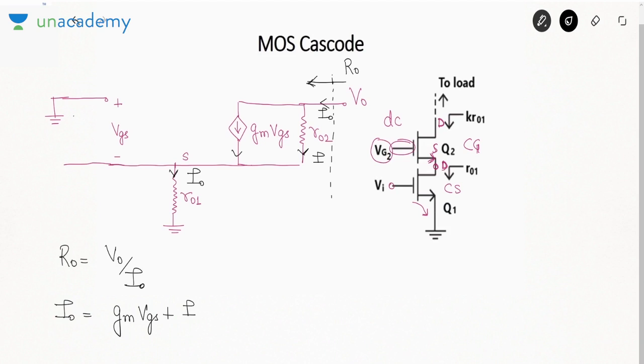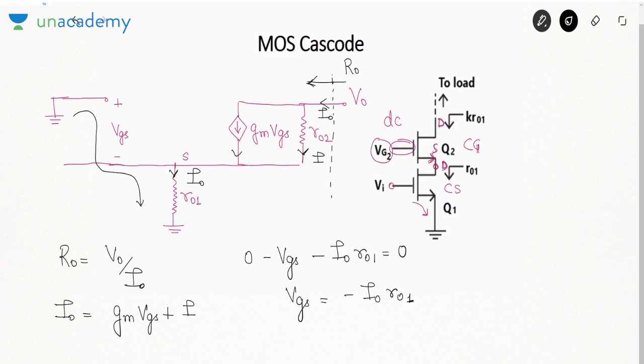So if I apply KVL like this, I will say 0 minus VGS minus I0 R01 equal to 0. So VGS is minus I0 R01. Okay. And what about I?